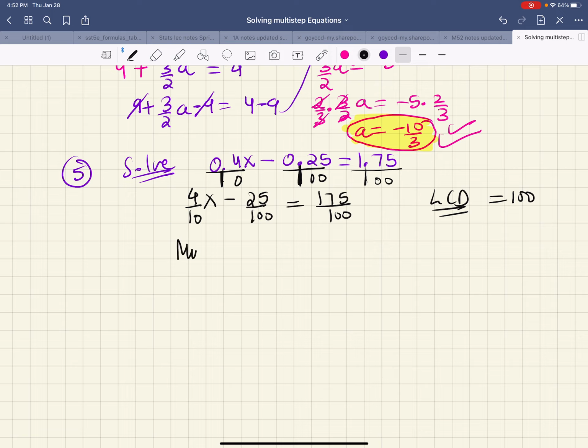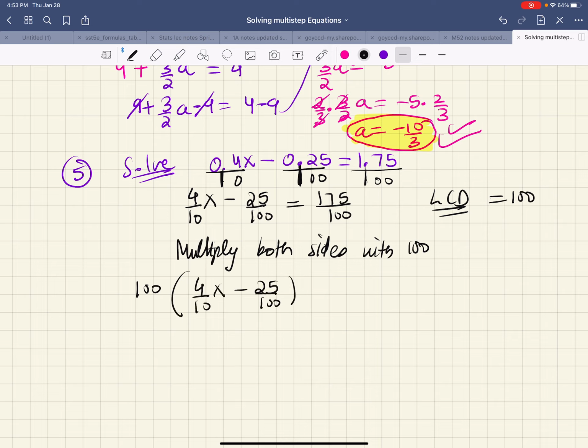So I'm going to multiply both sides of the equation by 100, both sides with 100. So let's multiply with 100 on the left hand side. 4/10 x minus 25 over 100. The nice thing about doing that is it's going to leave me with no more fractions.